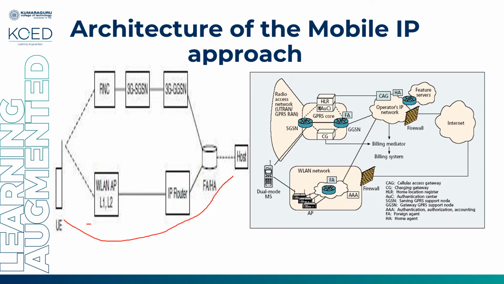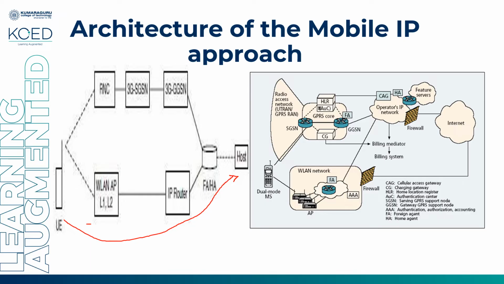The ultimate motive is that you need to communicate with the host to get some IP services. You can see clearly in this diagram, this is our wireless LAN, this is our 3G, and this is our internet. So to get any internet service freely, your mobile device must be able to get it, whether it is in your 3G network or in your wireless LAN network.